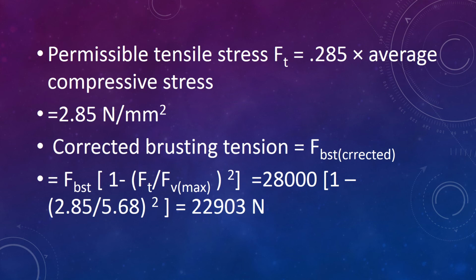So FBST corrected is equal to FBST into 1 minus Ft by Fb max. Ft is the permissible tensile stress, and Fb max we have already obtained. So the resultant corrected bursting tension from this formula is 22903 Newton.